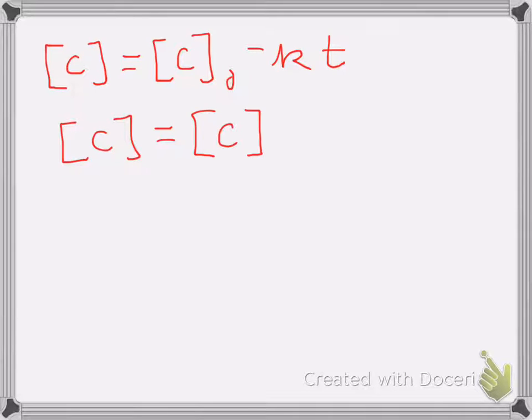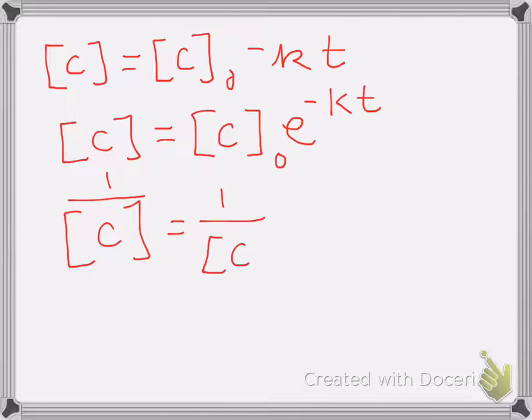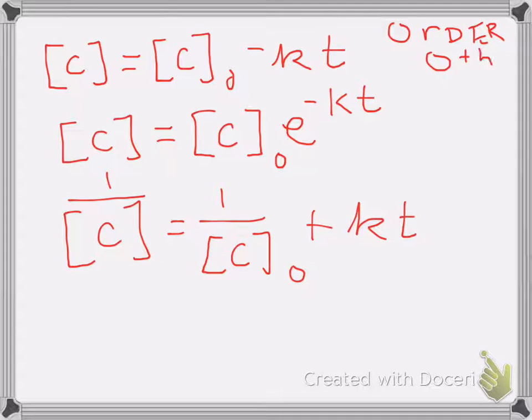We also have this form for the first order relationship, in which it's the same. Given any C0 and any K, you can plug in a time t and you can calculate the concentration C. And for the second order, we can see that we have a similar relationship.